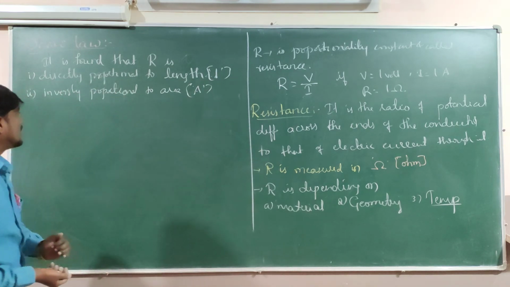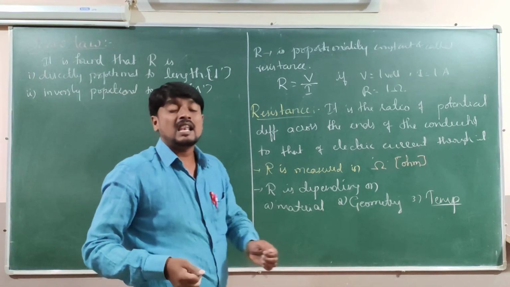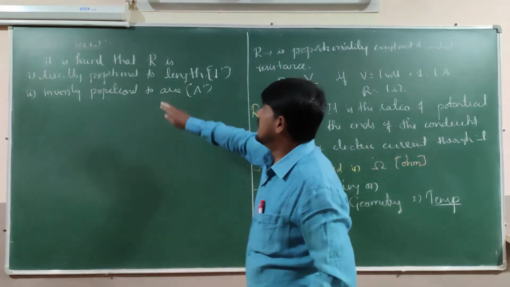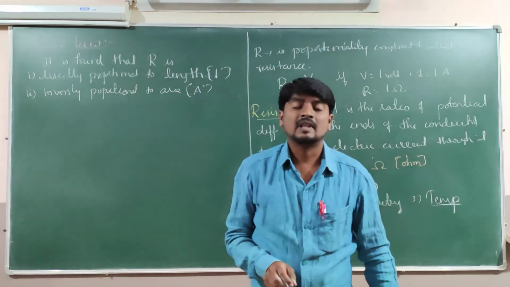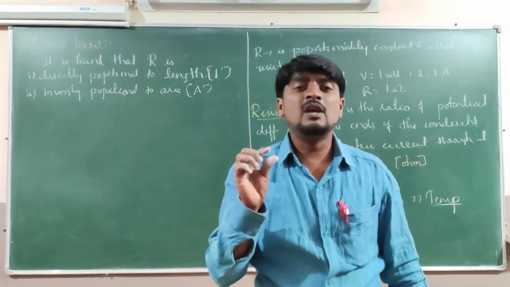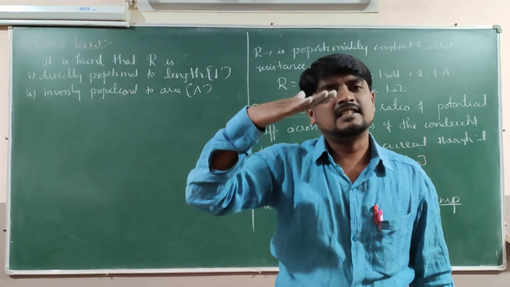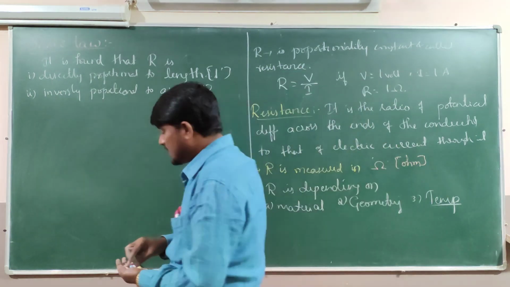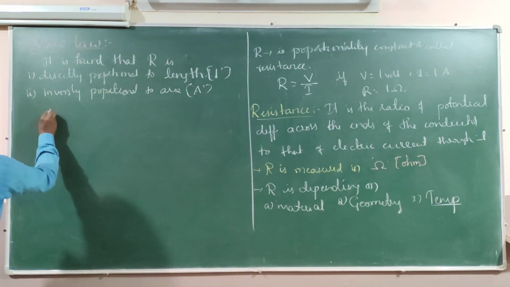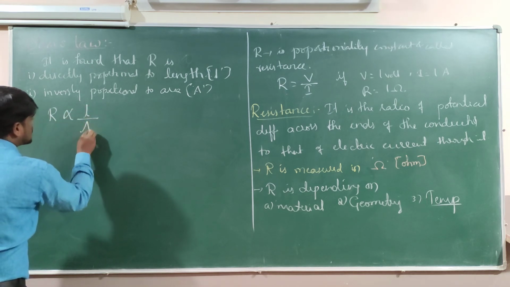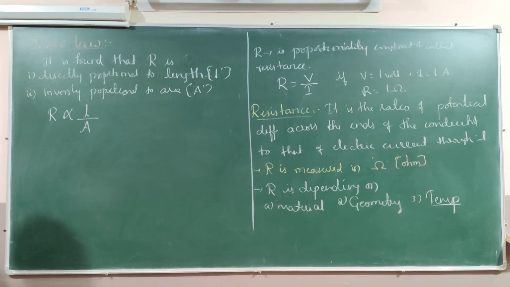What is the meaning of this? Very simple. As the length of the wire or the conductor increases, resistance increases. As the area of the wire increases, thickness increases, resistance decreases. So if I write mathematically, R is directly proportional to L and inversely proportional to area. R is proportional to L by A.